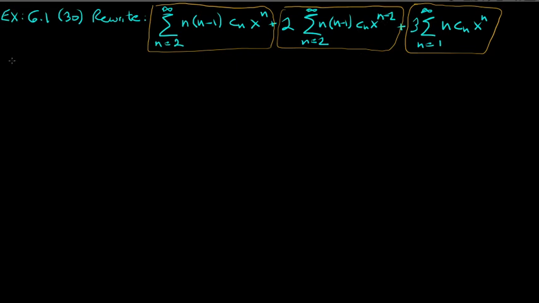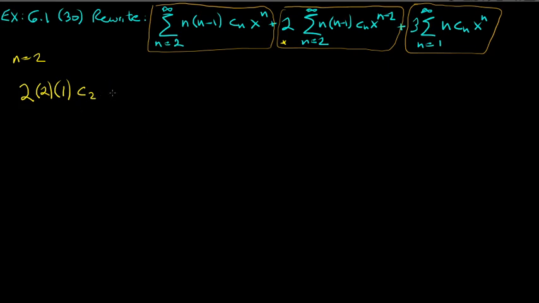For the n equals 0 term, what are we going to have? Oh, I'm sorry, it's x to the 0, but n is going to be 2 for the second term. So you get 2 on the outside, times n, which is 2, times n minus 1, which is 1, times c2 times x to the 0, which is 1.